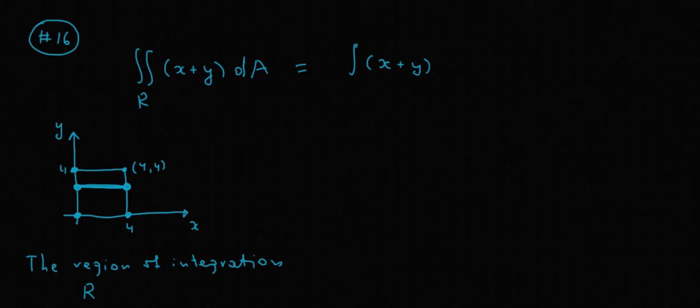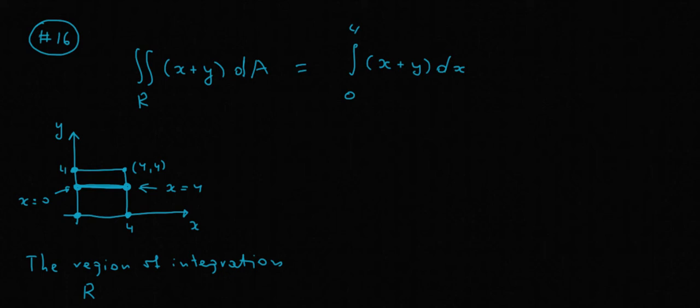You see here that the left endpoint of the cross section has the x coordinate equal to 0, and the right endpoint has the x coordinate equal to 4. And so the interval of integration for our first integration over x is from 0 to 4.